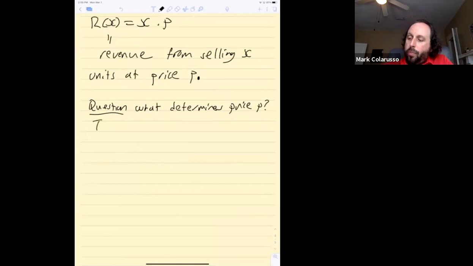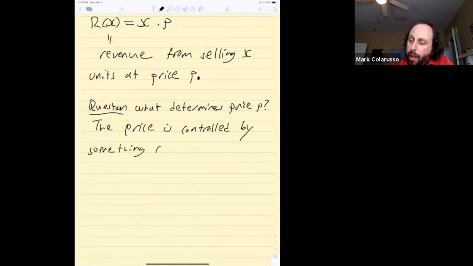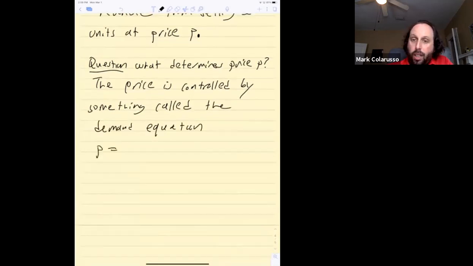Okay, so the price is controlled by something called the demand function, or demand equation, which is P equals f of x.